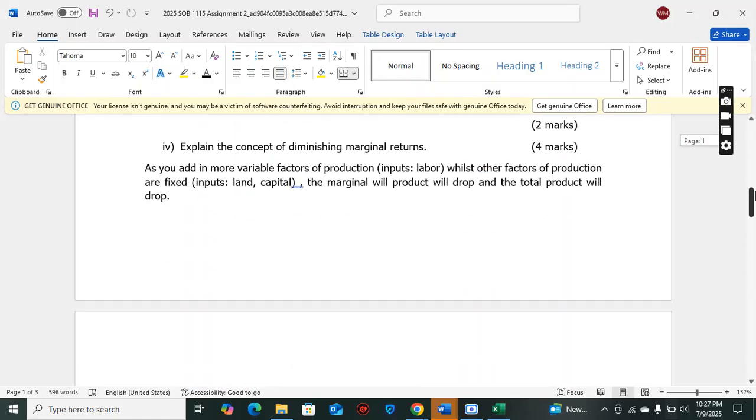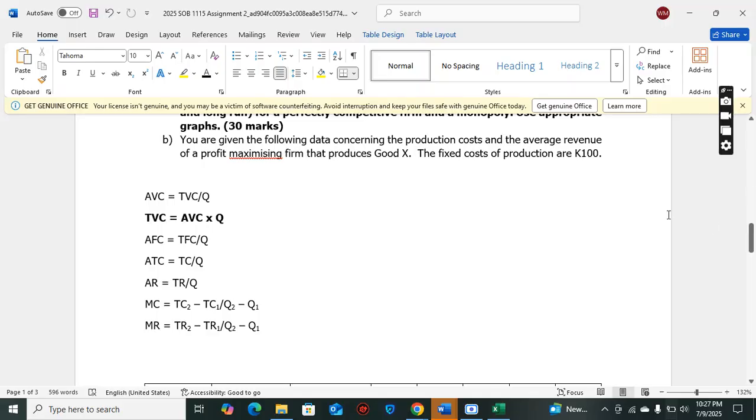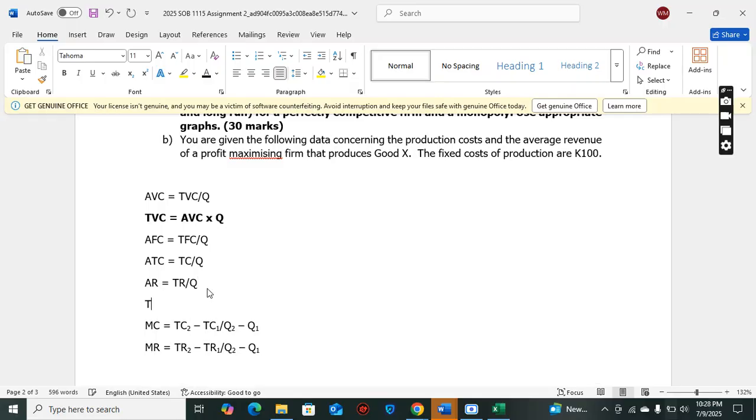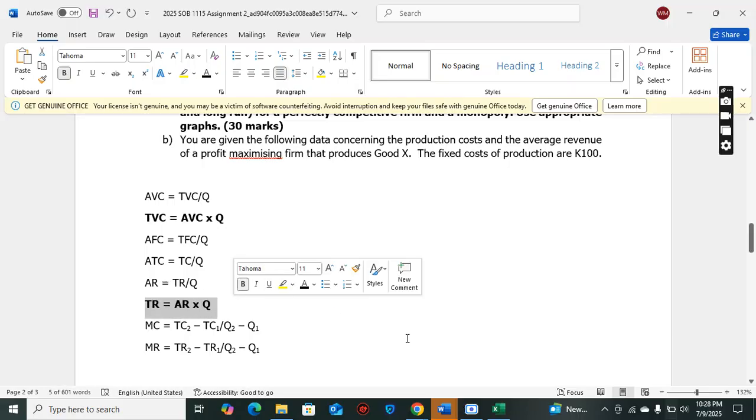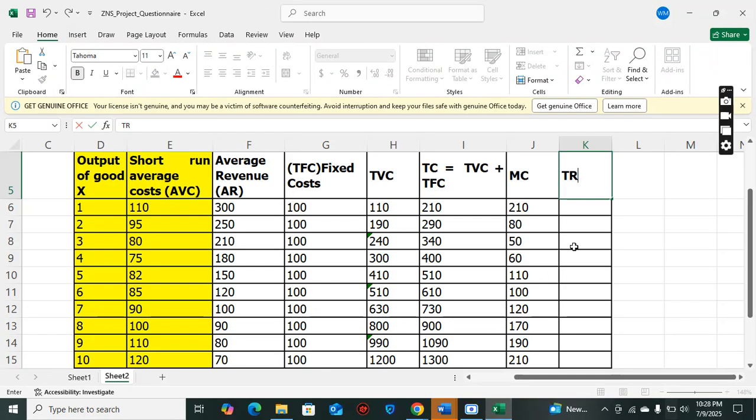Average revenue equals total revenue over quantity. So total revenue is going to be average revenue times your quantity. Total revenue will be your average revenue times quantity. AR times Q.